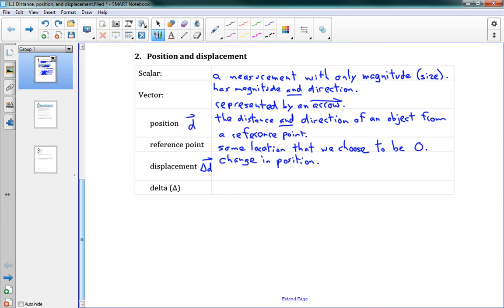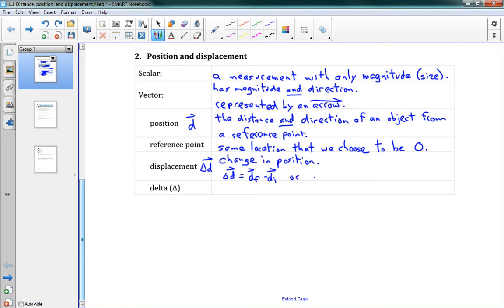So if I'm moving from one position to another, we can say that there was some displacement. And displacement is a lot like distance, except with a direction. So displacement is equal to our final position minus our initial position. And I've used F and I, final and initial, so the end position minus the starting position.